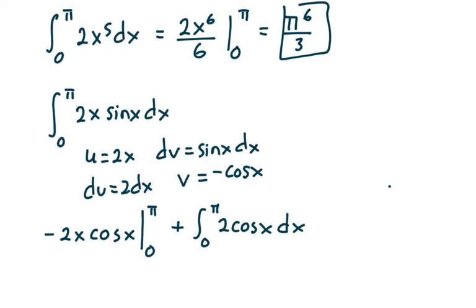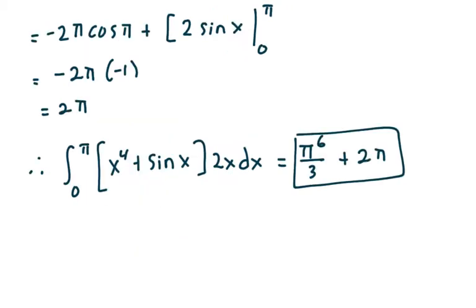So remember, it's uv, which is negative 2x cosine x, evaluated from 0 to pi, minus the integral of v du, which ends up being plus the integral from 0 to pi of 2 cosine x dx. And so I end up getting negative 2 pi cosine pi plus 2 sine x evaluated from 0 to pi. And so the answer there is just 2 pi.